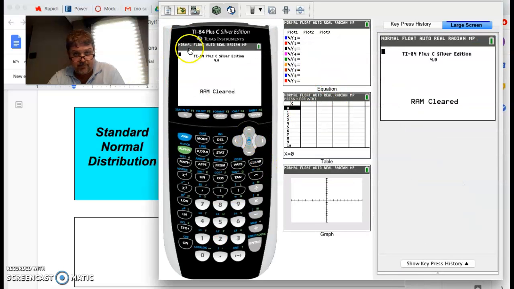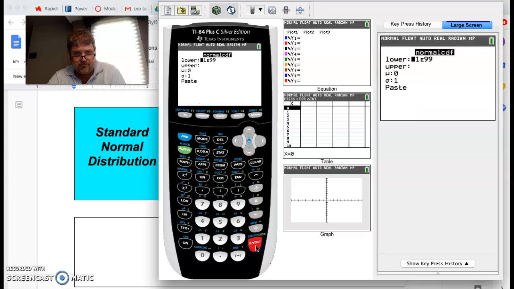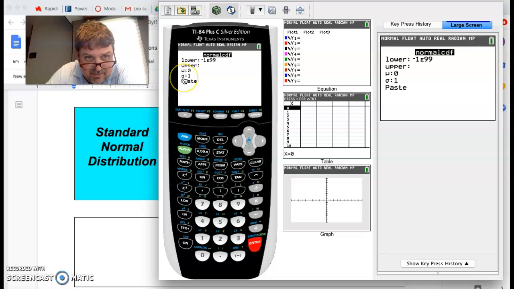The calculator, and I've cleared the RAM and reset it, because if you go to your second distribution and look at your normal CDF, the default setting has a mu of 0 and a sigma of 1. In other words, this normal CDF is built to handle z-scores. Now, you don't need a z-score to use it because you've already seen me go in here and change the mu and the sigma and override it, and you can.